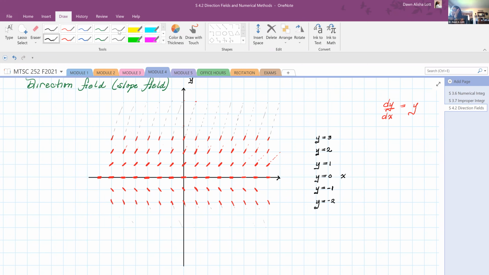So come down here and do the same thing. So I go, slope is -3. So I'm going to go over and down 3. So now I'm looking like this.